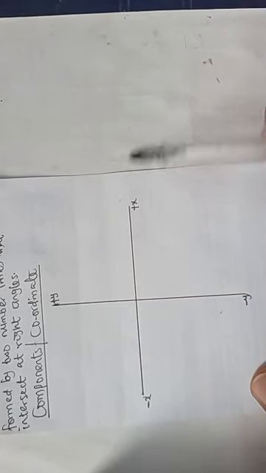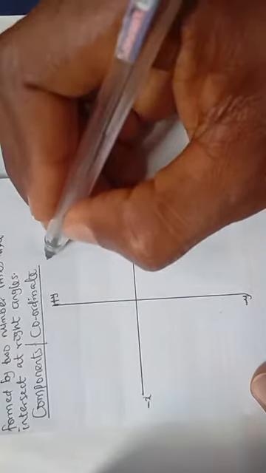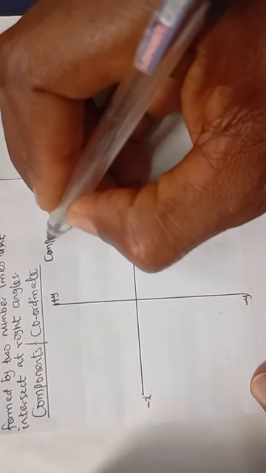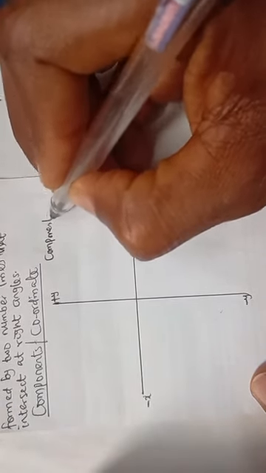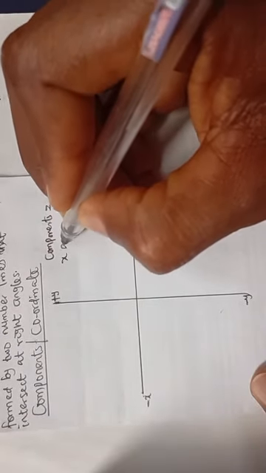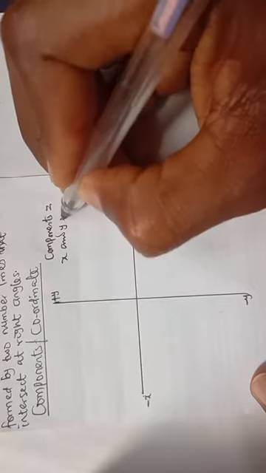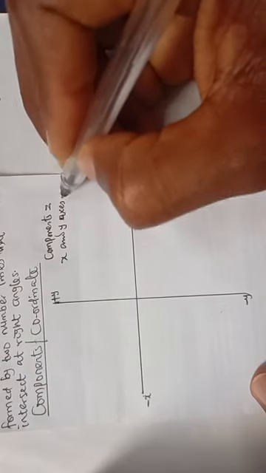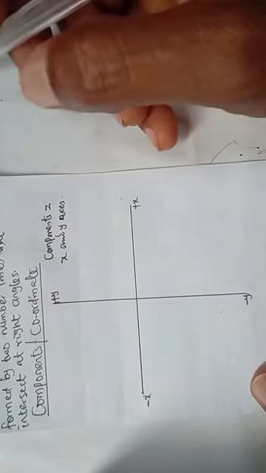Now, the components are the x and y axis. Let me write: components equal x and y axis. So these are the major things you are going to work with as far as the Cartesian plane is concerned.